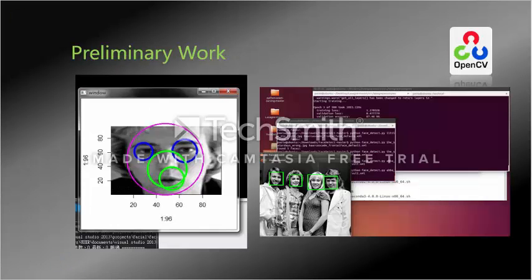So what is the preliminary work we found? First of all, OpenCV is a big library and big work nowadays for detecting faces, nose, eyes, key points, everything. They use Haar training, and we tried to use it, but in my opinion it had a lot of error.